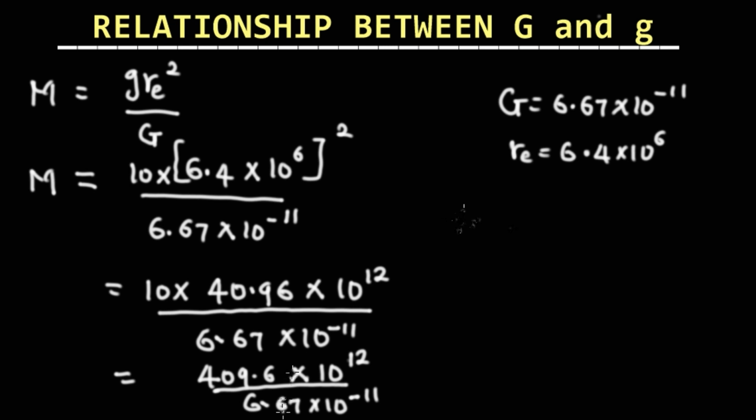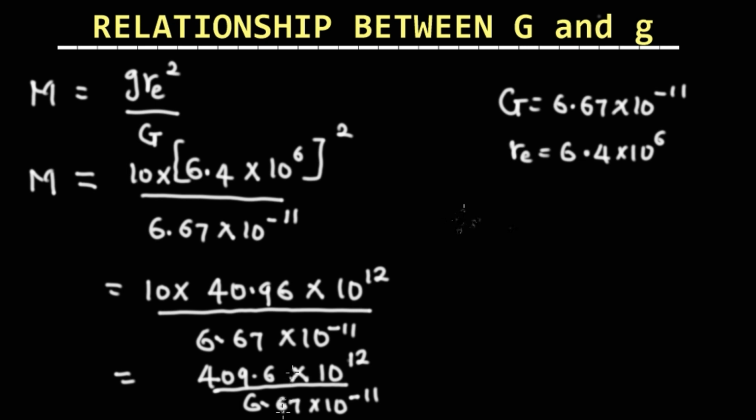Now, if you remember the rule of indices, a to the power x divided by a to the power y gives a to the power x minus y. We apply this rule here. Since we have 61.4 multiplied by 10 to the power 12 divided by 10 to the power negative 11, we have 61.4 multiplied by 10 to the power 12 minus negative 11.